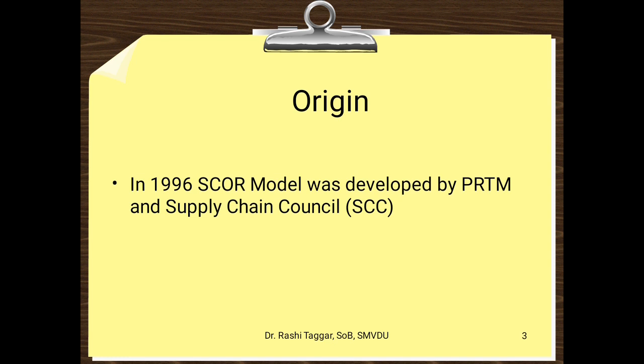Supply Chain Council became a part of APEX, and APEX is now a part of Association for Supply Chain Management. The latest version of SCOR, that is SCOR 12, was released by APEX in 2017.